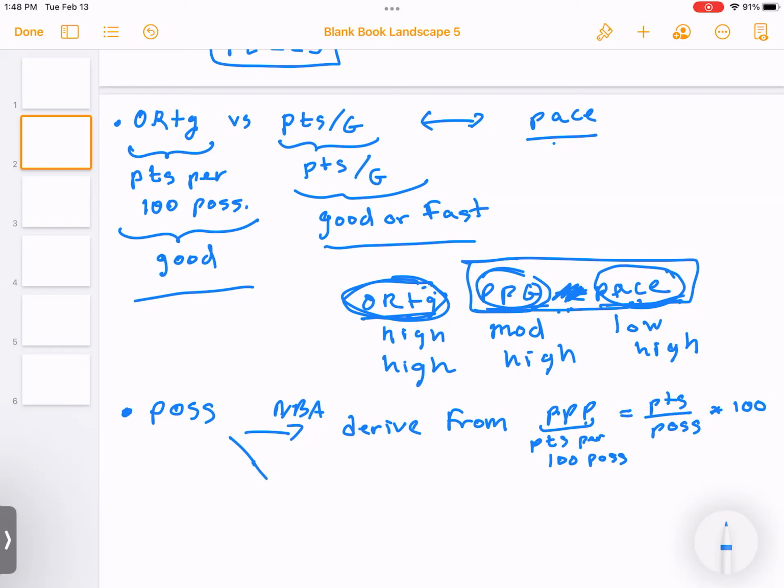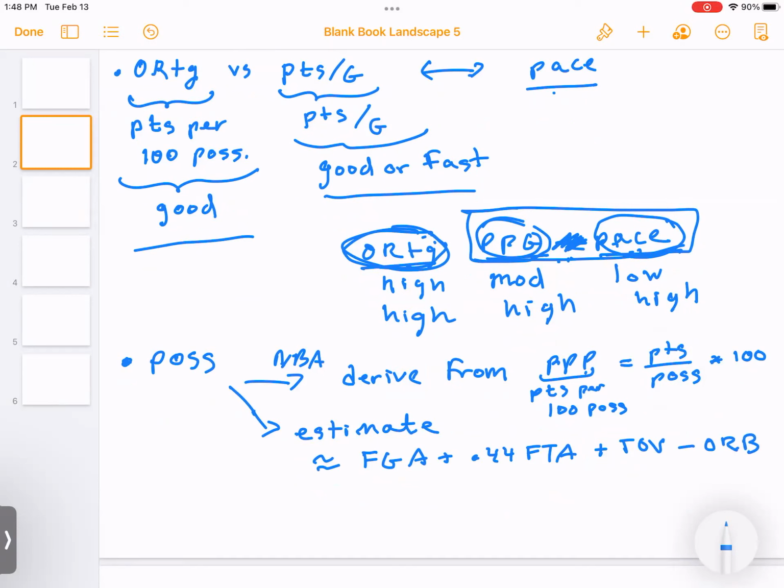Another way, but this won't give you the same thing as Basketball Reference, is you can estimate it. And I remember talking about this last time. We can say it's approximately field goal attempts plus 0.44 free throw attempts plus turnovers minus ORB. So if you use this, basically things will look pretty much the same.